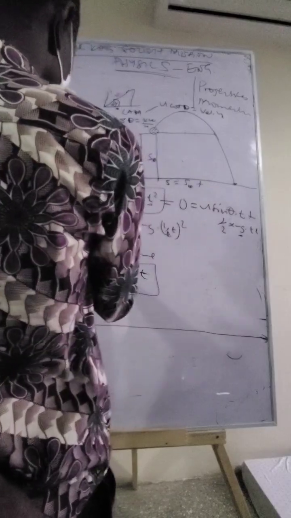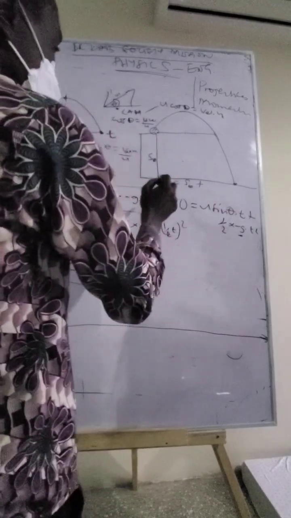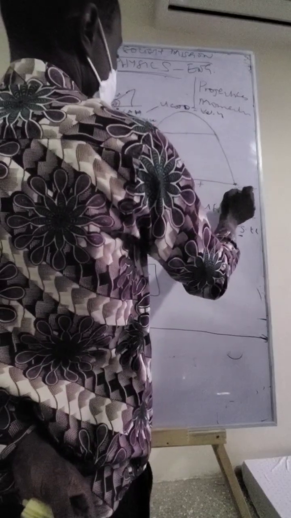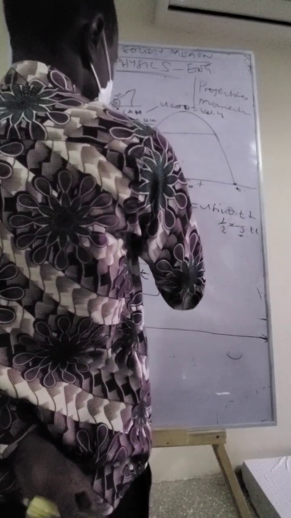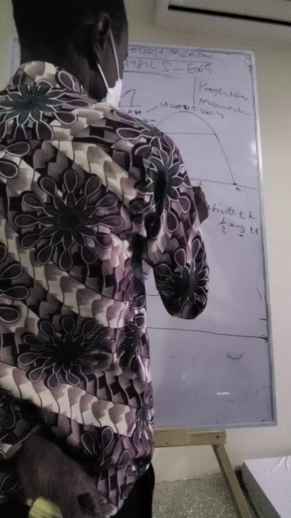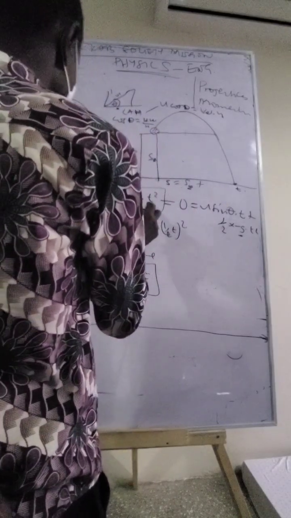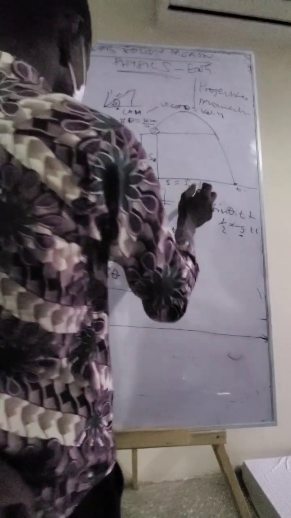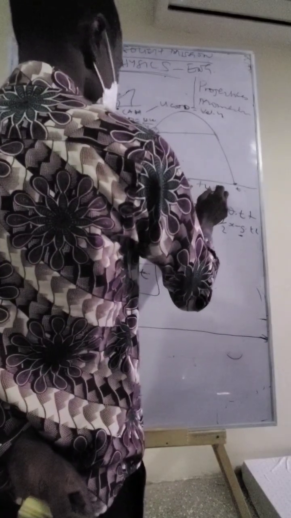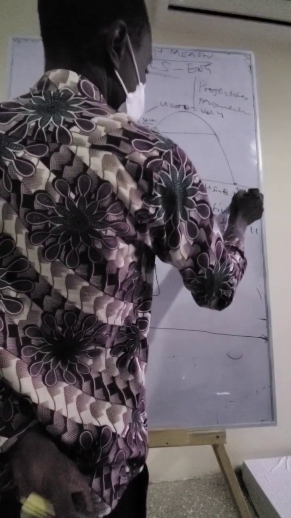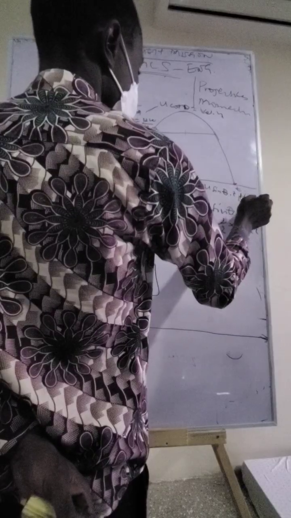You add on the equation that you have here, because that is what is going to define what we are going to get here. Let's say our time t is here, so our initial S0, plus the distance that we're going to get for this one. So given the time and then the u here, we'll put them there. So u sine theta times t plus half negative g t squared. So this becomes the equation.